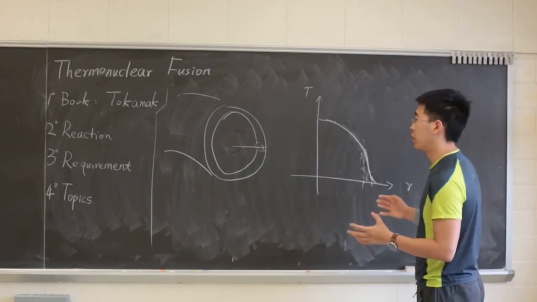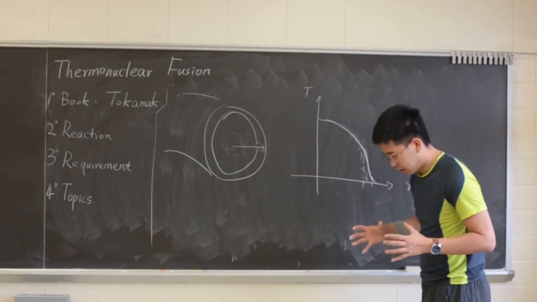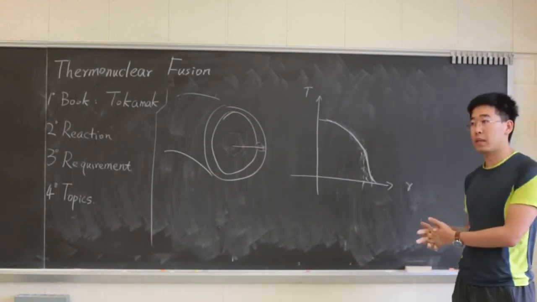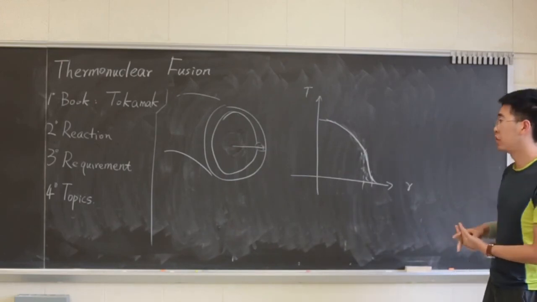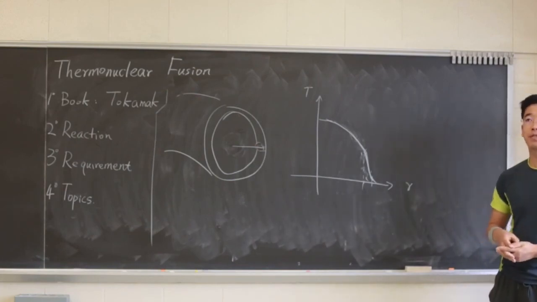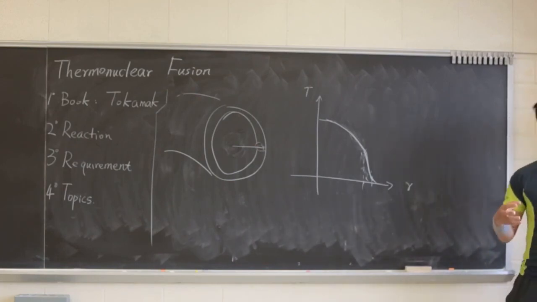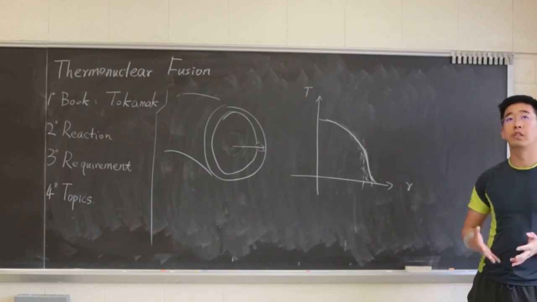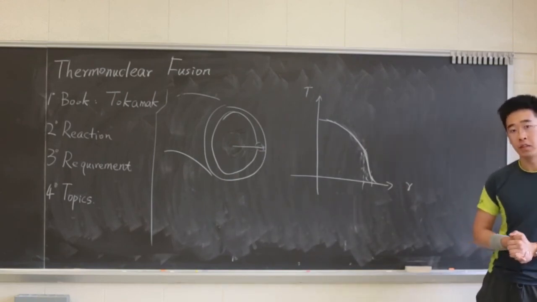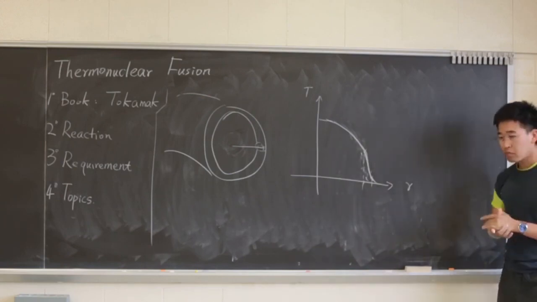We all know that the particles tend to escape due to the thermodynamic property. It always wants to maximize the free energy, so it will tend to diffuse. That's why we need a really strong magnet to confine it.